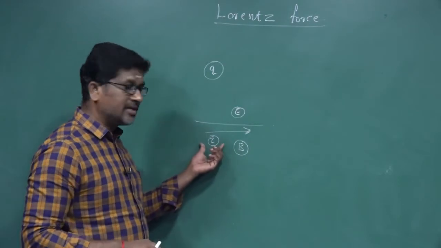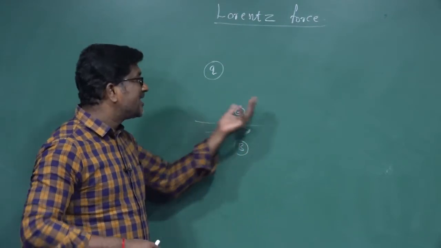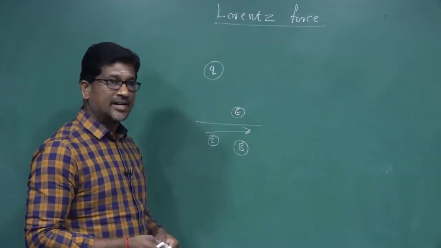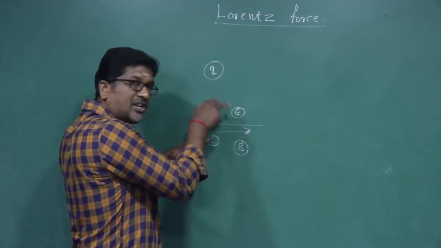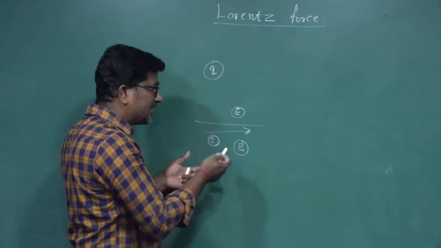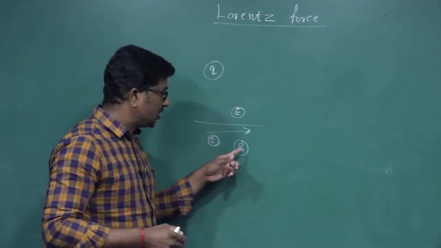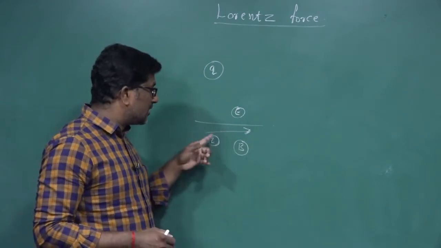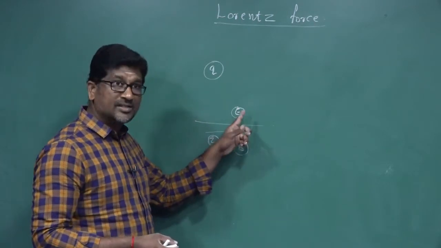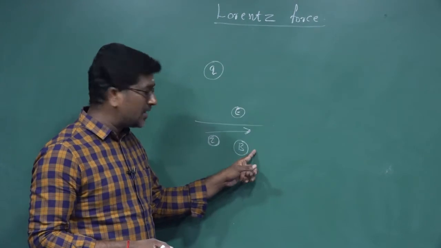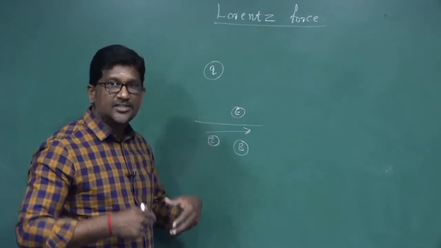So here, due to the electric field, the charged particle experiences electric force, and due to the magnetic field, the charged particle experiences magnetic force, right? Under the influence of both the electric field and the magnetic field, the charged particle experiences a force.